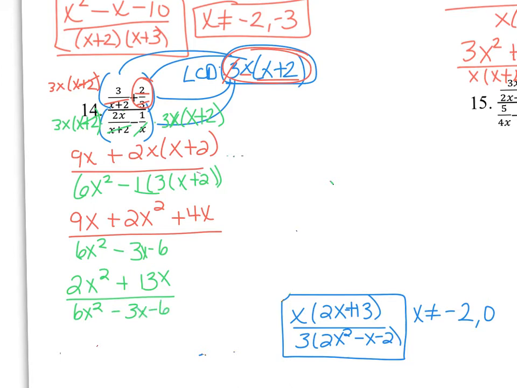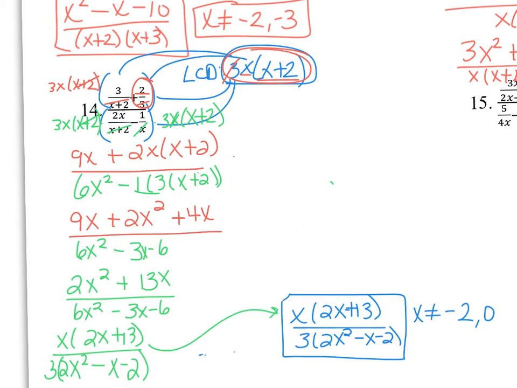Now if I factor the numerator, I'll factor out an x. I'm left with 2x plus 13. And on the bottom, I can factor out a 3. I'm left with 2x squared minus x minus 2. And notice it's exactly where I left off.